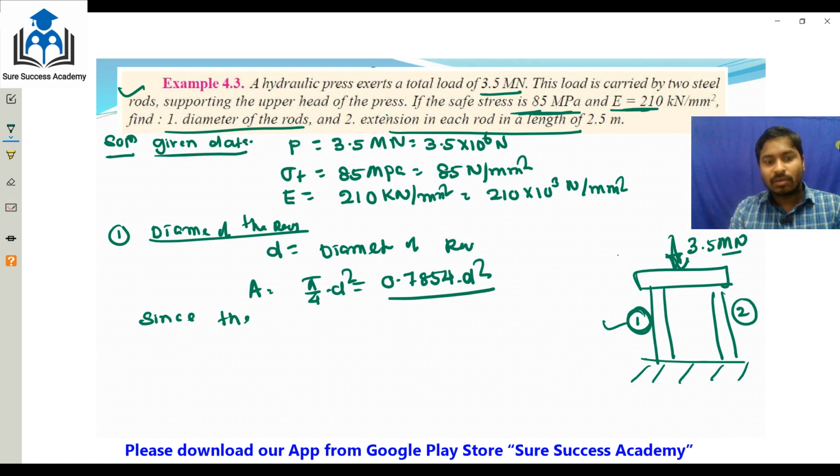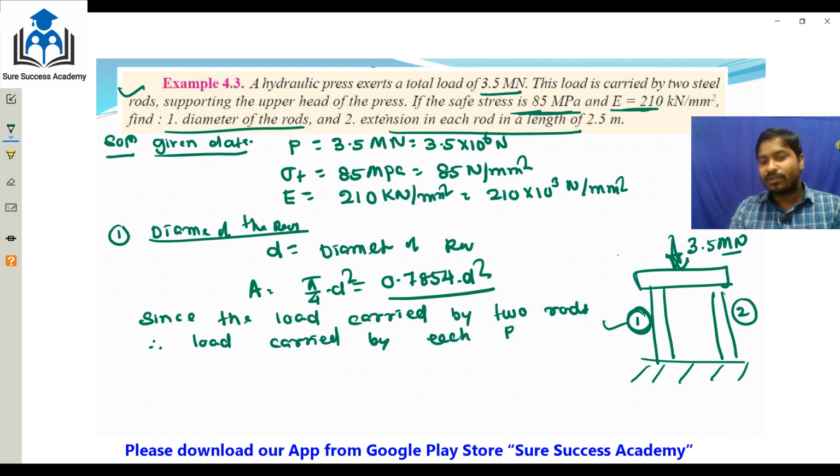Since the load is carried by two rods, the load carried by each rod is half. Suppose the total load is P. Then P1 is equal to P by 2, and P2 is equal to P by 2.